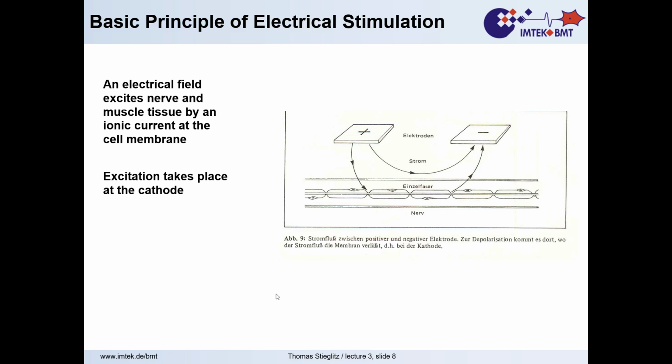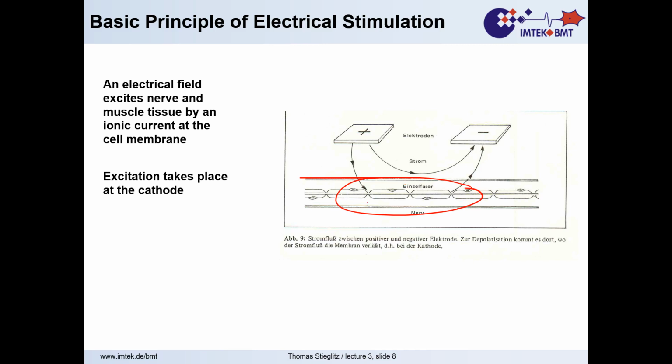But I think we can agree that they are closer at the electrodes than they are at a further distance. What we definitely need to elicit an action potential here is a gradient, or a change in the electrical potential, over the length of an axon.